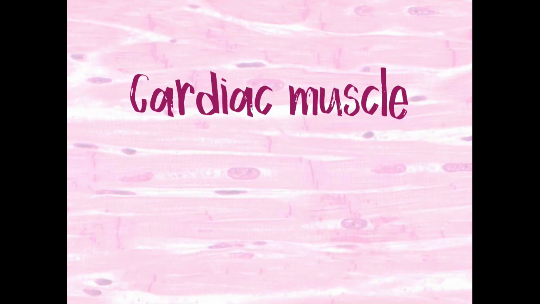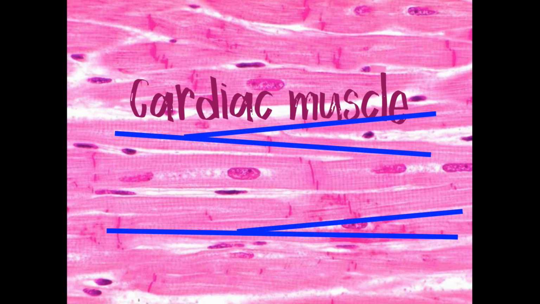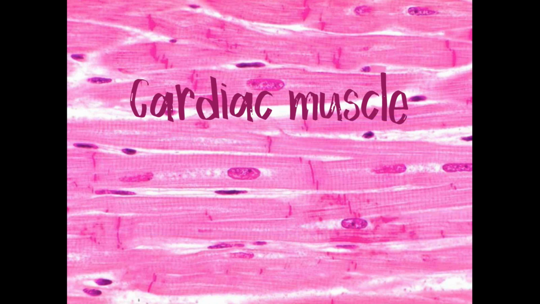So one of the first things to notice here that's different from the skeletal muscle is that myocytes are branched, and they're also notched at the ends, and there's one nucleus per cell. So from one notch to the other, that's what we would consider a cardiocyte, and each one of those cells typically contains one nucleus, usually around the center of that cell.